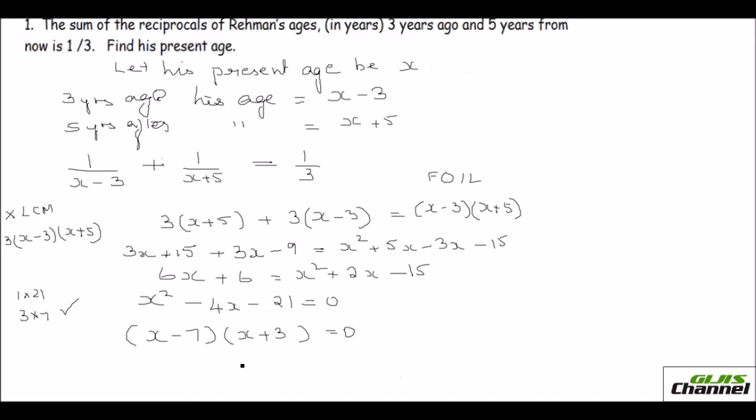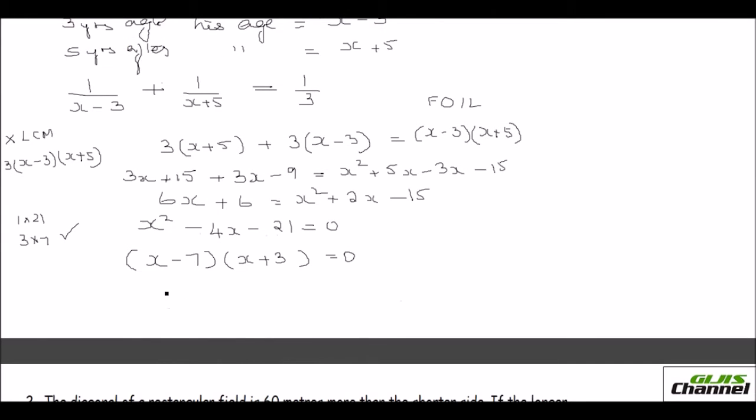Equating both the factors to 0, I get x equals 7 or negative 3.